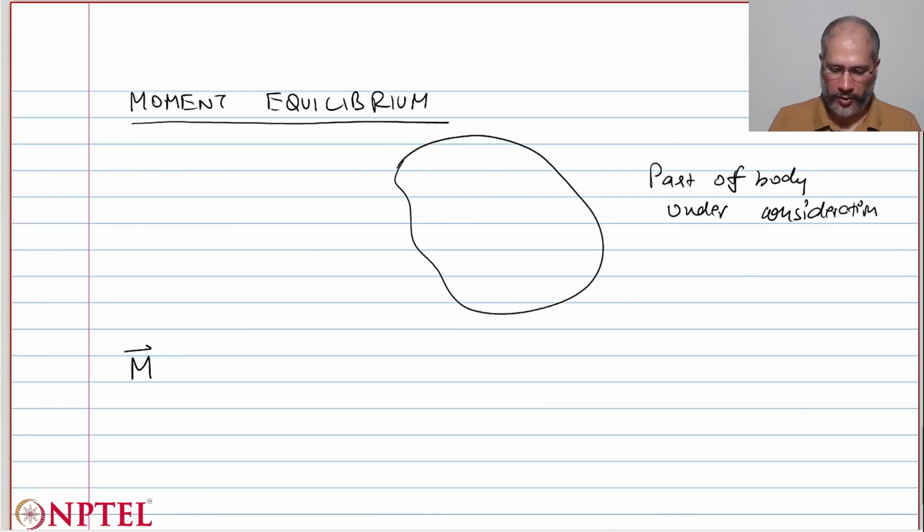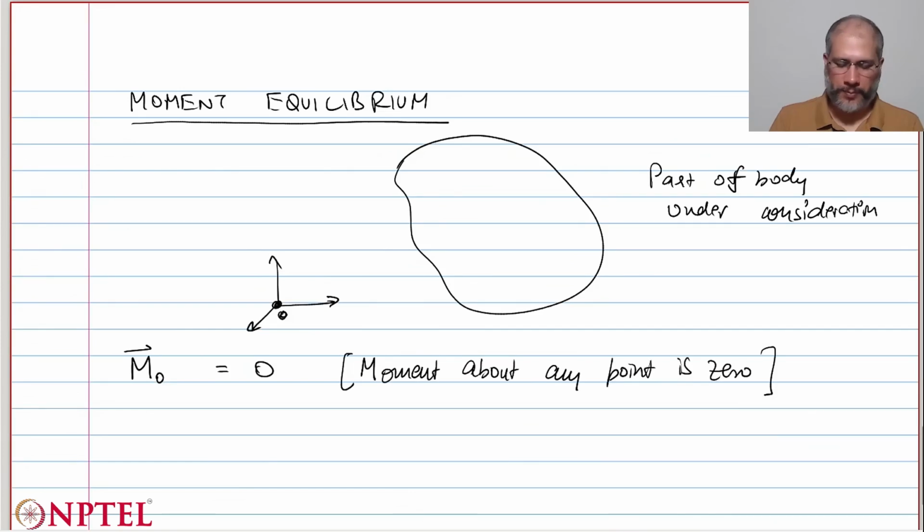So let's take the origin for convenience. So let's say this is the origin here, and I take the moment about the origin and I'll write this equal to 0. That's because the moment about any point is 0, and this is the moment about origin.